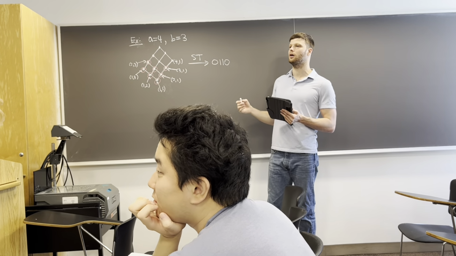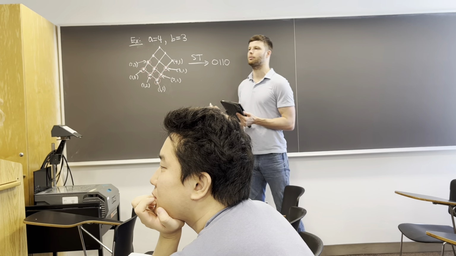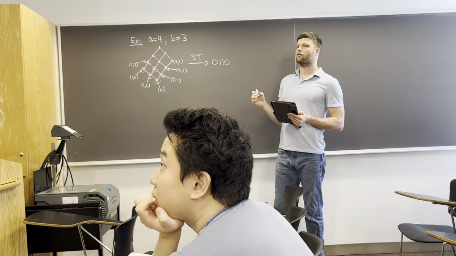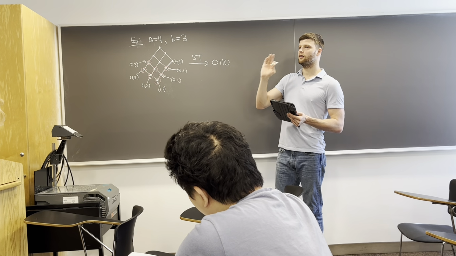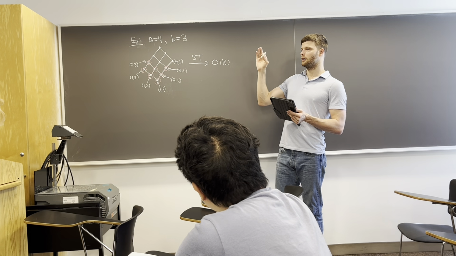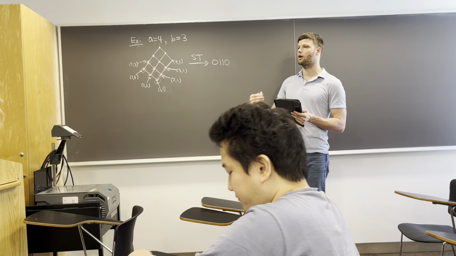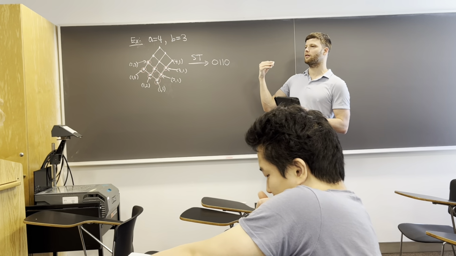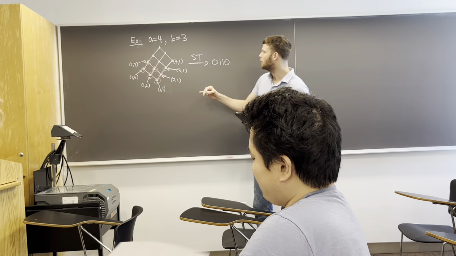So I say, okay, now when i is 5, 5 is between A plus 1 and A plus B. And so I ask, does the set of maximal elements not contain an element of the form (k, 5 minus A)? 5 minus A is 1, so I want to know, is it true that the set of maximal elements does not contain something that ends with 1?